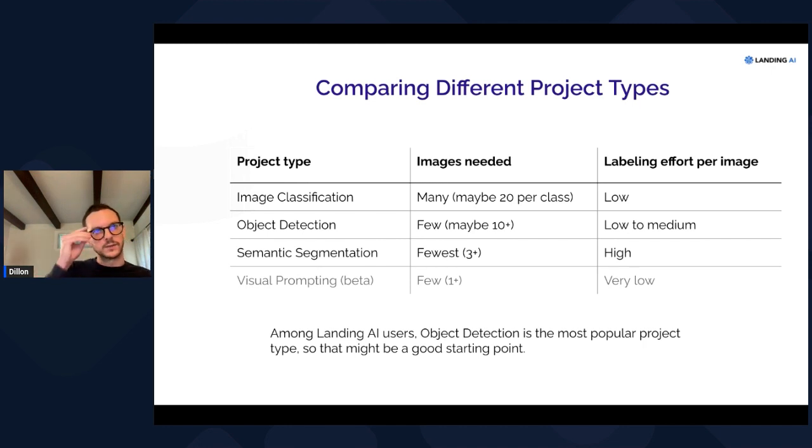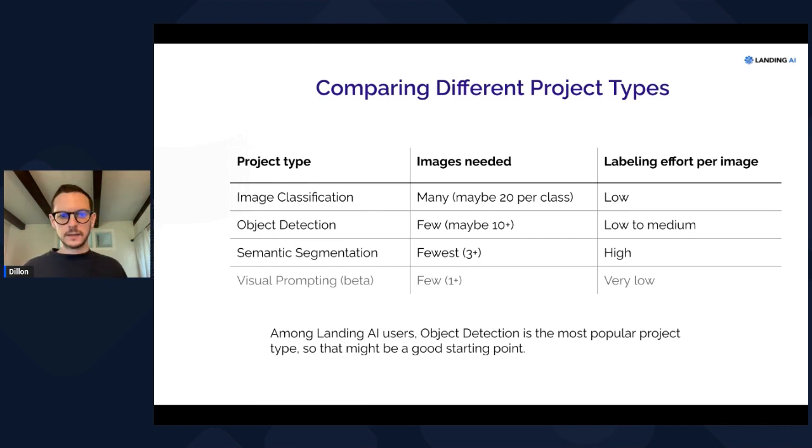But on the other hand, this is also the hardest to label. Obviously, painting takes a long time. We do have some labeling tools that help automatically segment defects, so that can reduce the time.